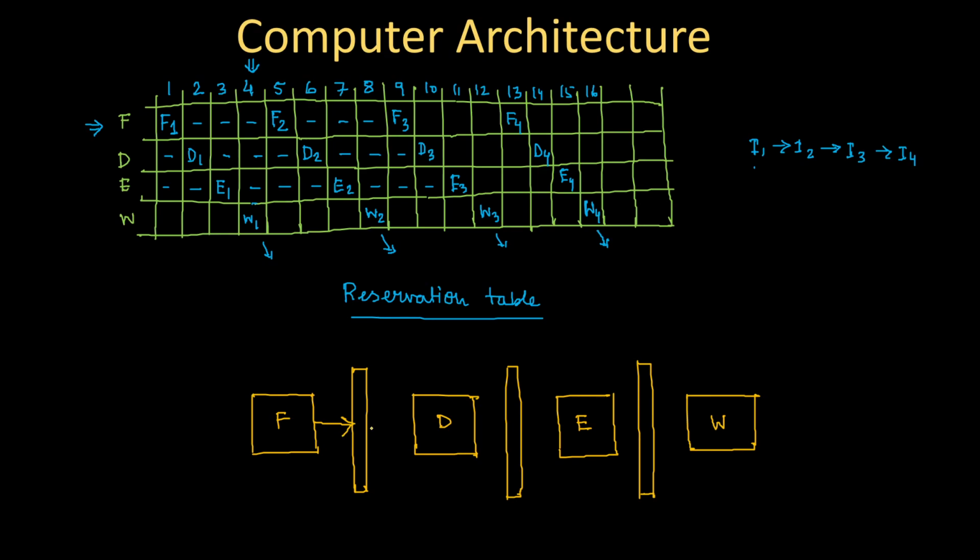For example, if I assume that the decode stage takes 10 seconds for decoding, then after 10 clock cycles this gate should open so that whatever was the output from the previous fetch stage can go into the decode stage. Something like this.